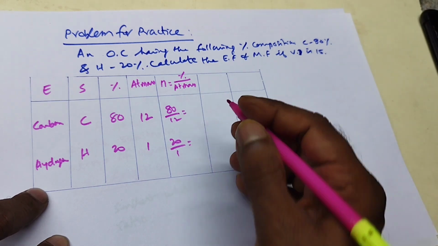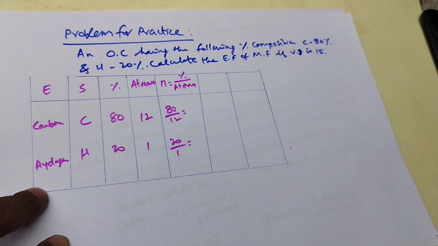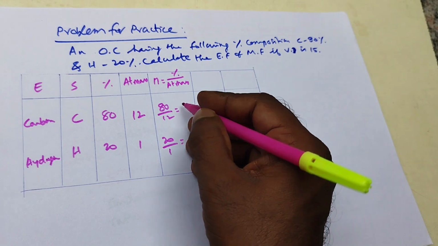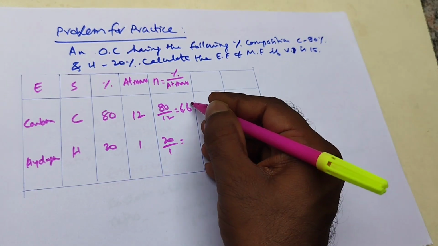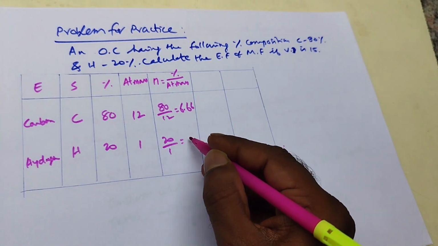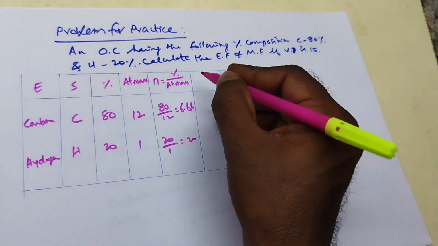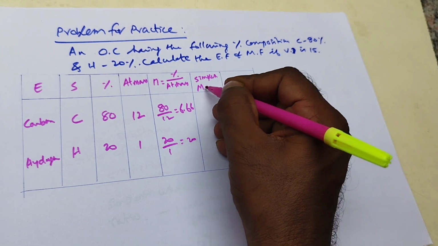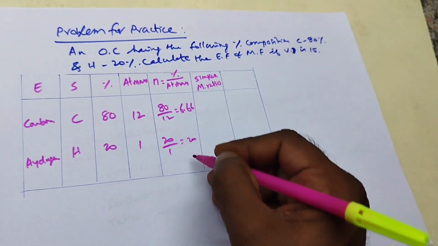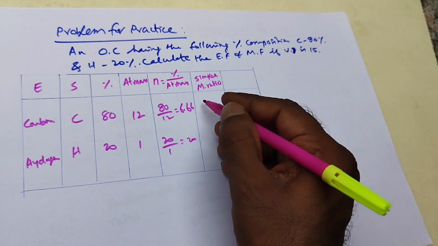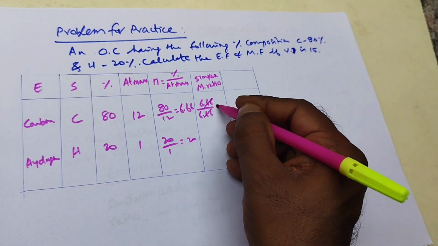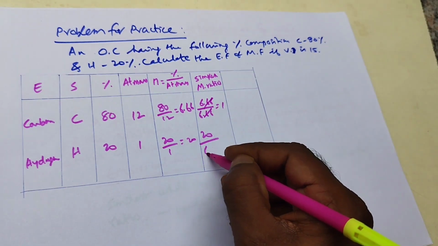If we simplify, 80 divided by 12 is 6.66, and 20 divided by 1 is 20. Next is the simplest molar ratio. How can you find this? When we compare these two numbers, the least quotient is what everything is divided by. So 6.66 divided by 6.66 is 1, and 20 divided by 6.66.